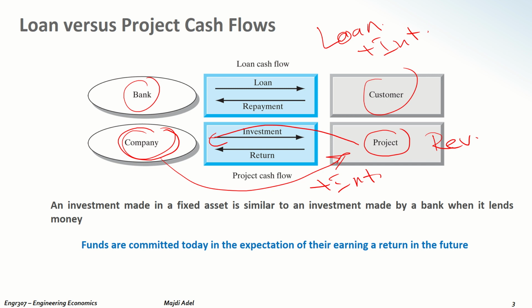If the company puts its money in the bank, the bank will give it interest for the money deposited. So the same thing goes with the project. If the company gives the project money for investment, then the project should return the investment plus the interest.